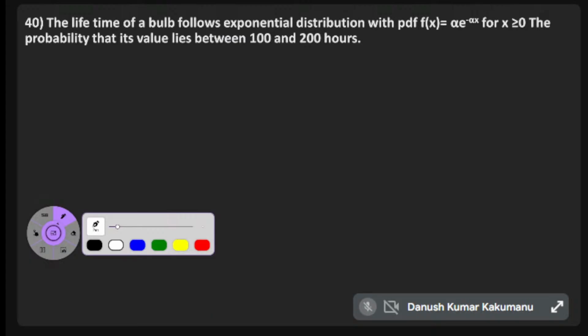The lifetime of a bulb follows exponential distribution with PDF.